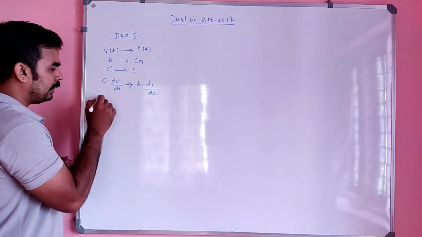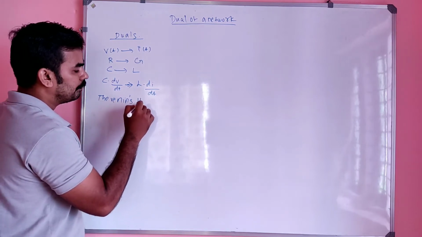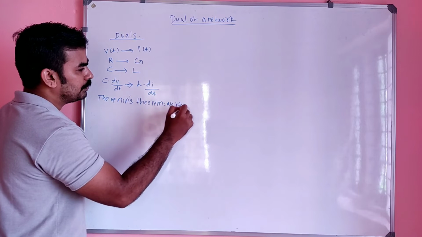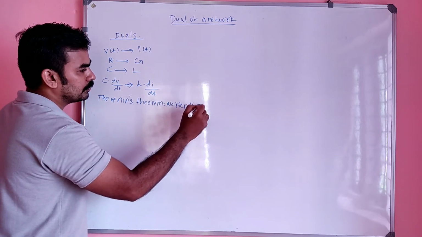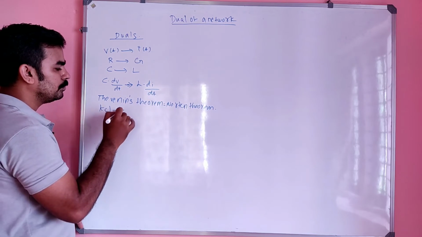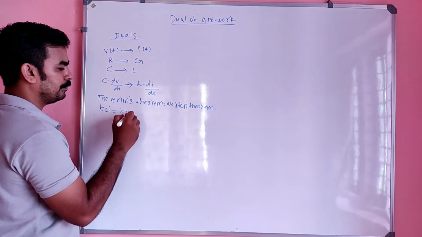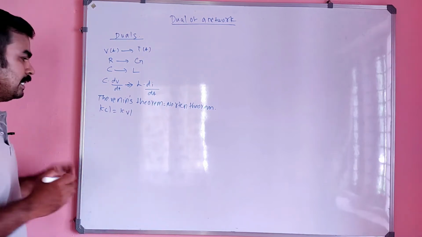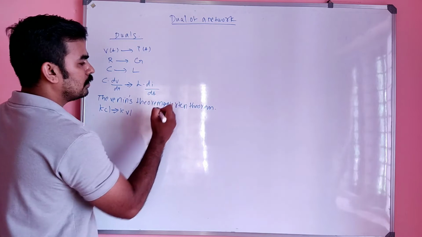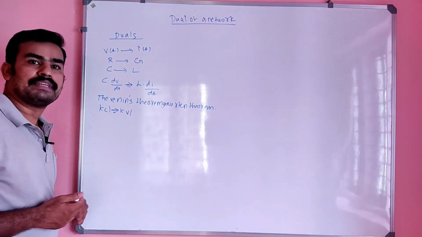Dual of Thevenin theorem equal to Norton theorem. Dual of KCL equal to KVL.